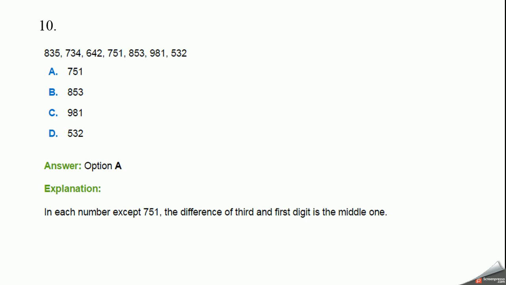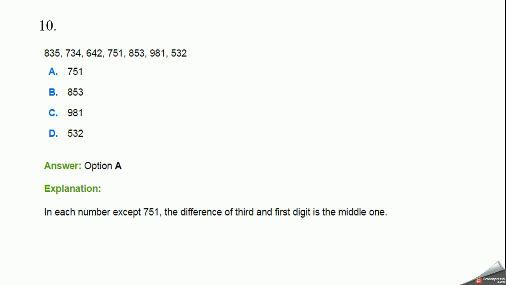Next problem: 835, 734, 642, 751, 853, 981, 532. In each number except 751, the difference of the first and the third digit is the middle one. In the first number, 835, when we subtract the last digit from the first, 8 minus 5 equals 3.